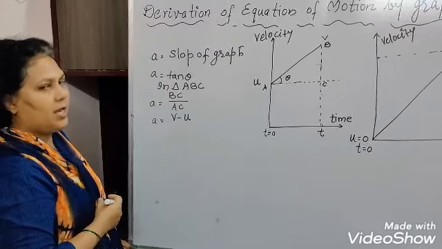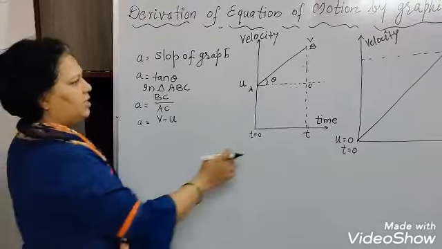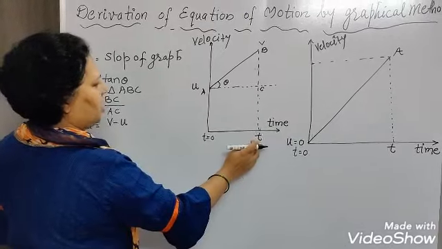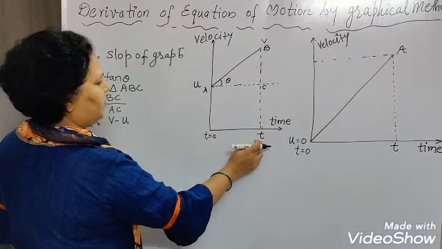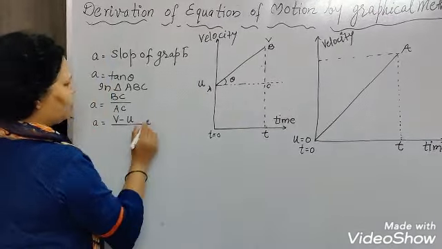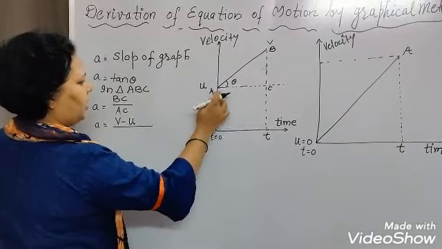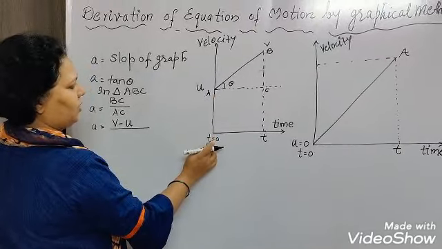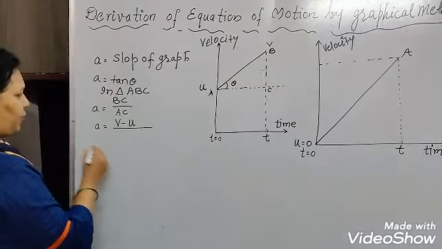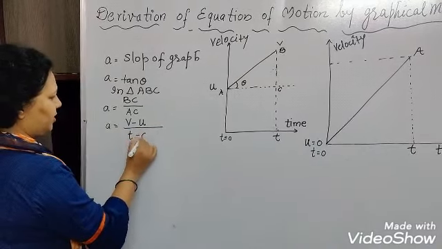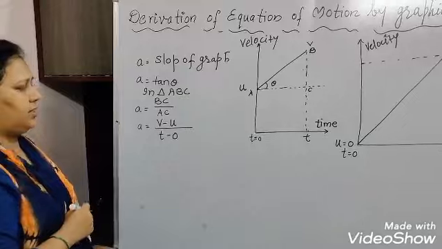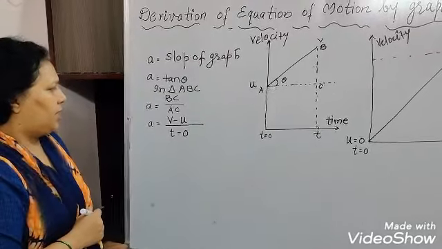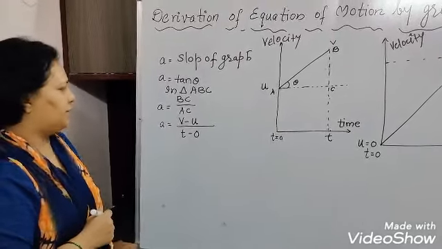And AC is the time interval, t minus 0, since C is at time t and A is at t equal to 0.